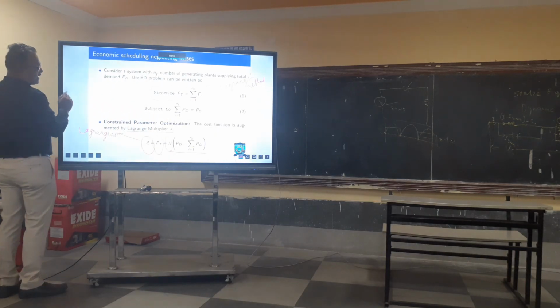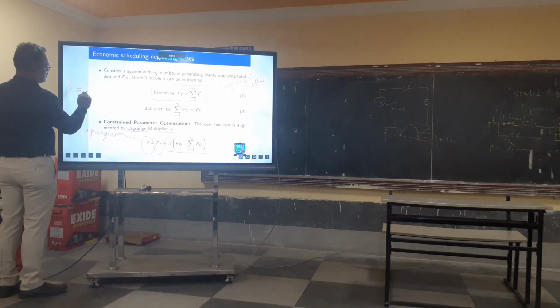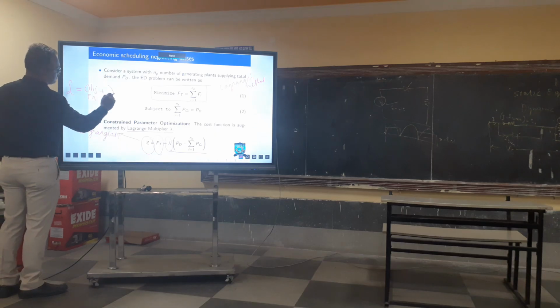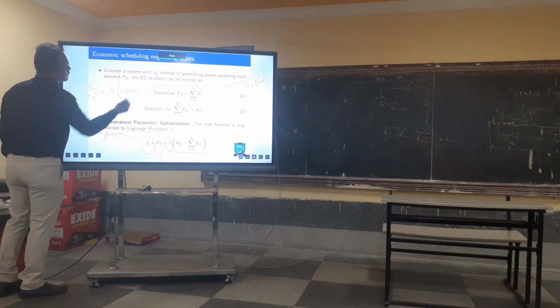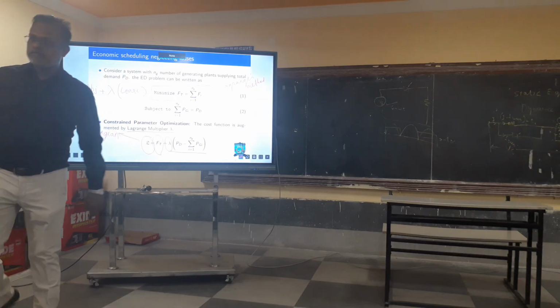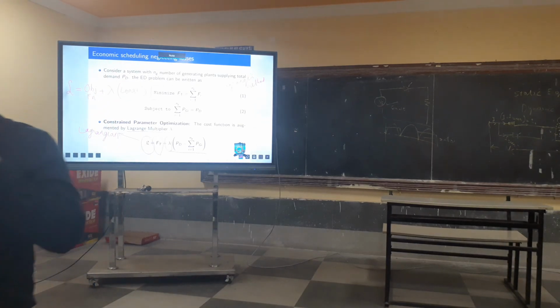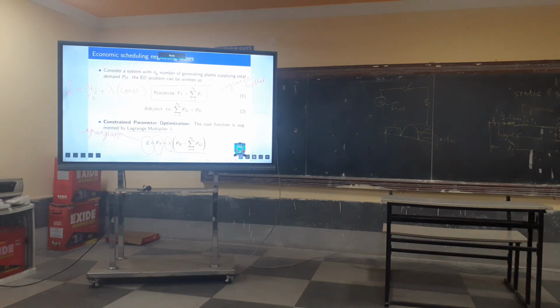So we get the Lagrangian as the objective function plus the Lagrange multiplier into the constraint. So this is one step of applying this Lagrange method. We have created one augmented function. This L is known as one augmented function.